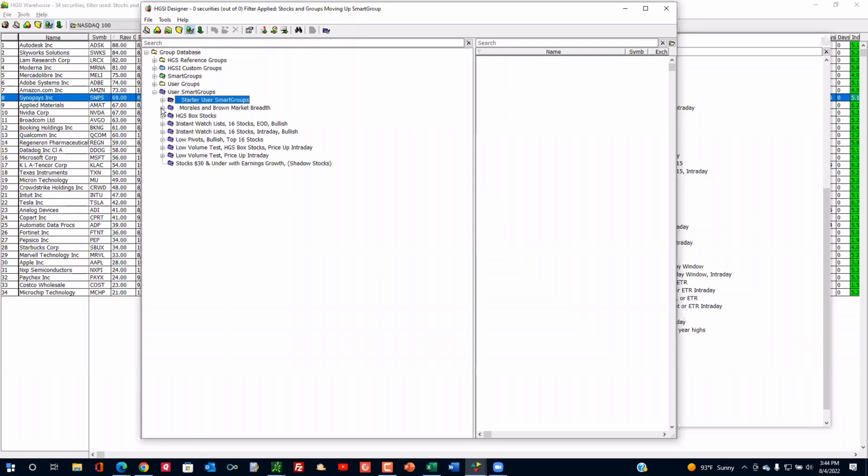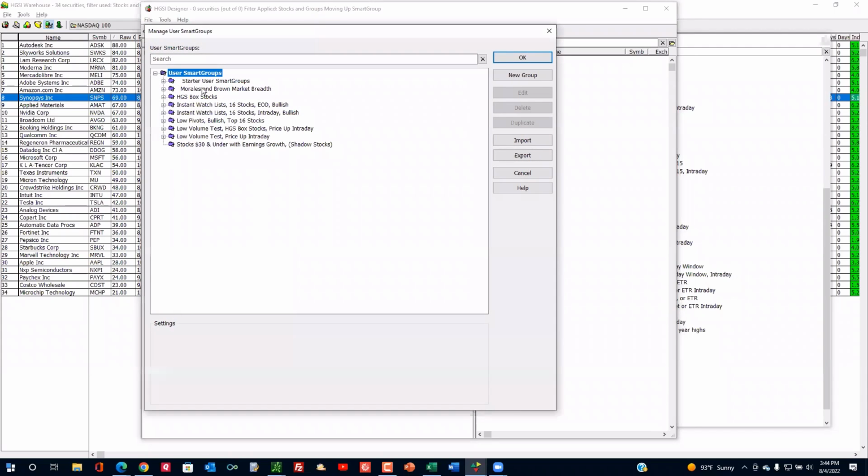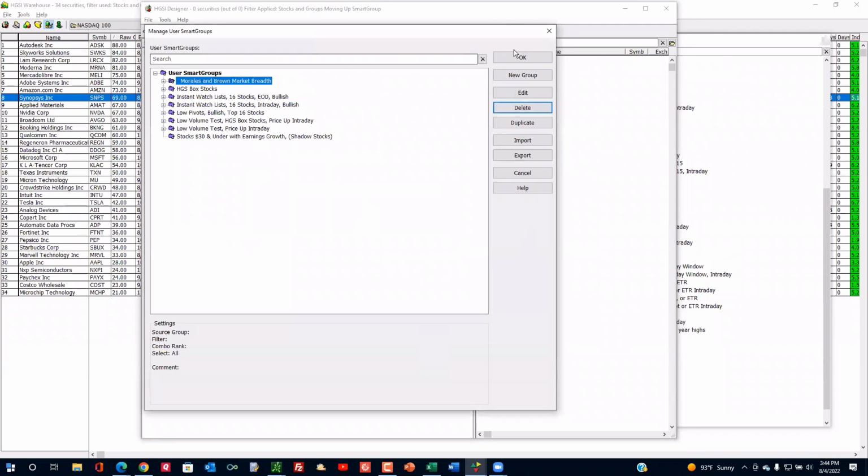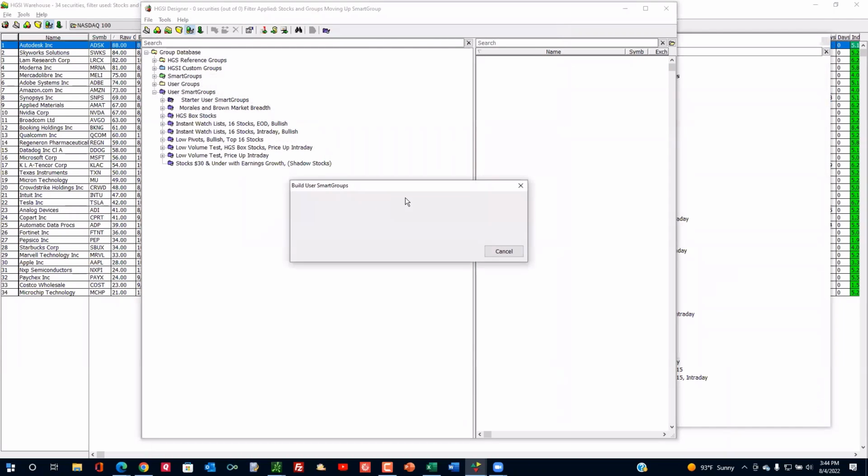Now, if you install my files, this start a user smart group's going to be in there. You don't really need it because they're all duplicated down here. So you can easily get rid of it just by clicking up there and deleting this. And I'll go ahead and rebuild the user smart groups again to get rid of this.